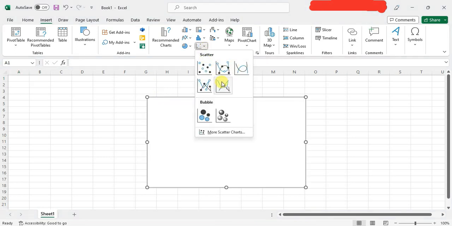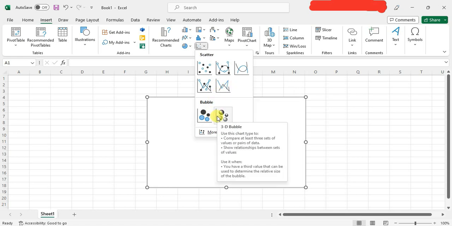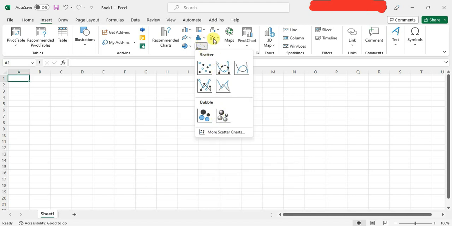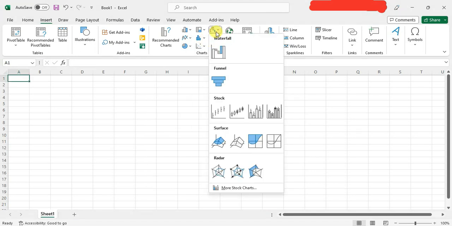Scatter plot. Scatter plots use points to represent individual data points. They are useful for displaying relationships between two variables and identifying patterns or trends. Bubble chart. Bubble charts are an extension of scatter plots where the data points are represented as bubbles. The size of the bubbles represents a third data dimension. Radar chart.